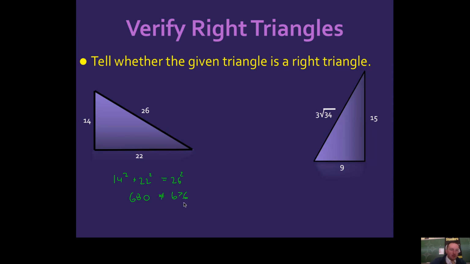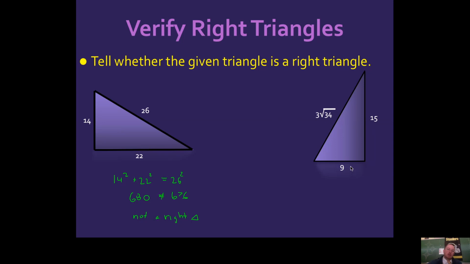These are not equal. So is it a right triangle? No, it's not a right triangle. Now, if it's not a right triangle, it's got to be some type of triangle. We'll talk about that more in a second.